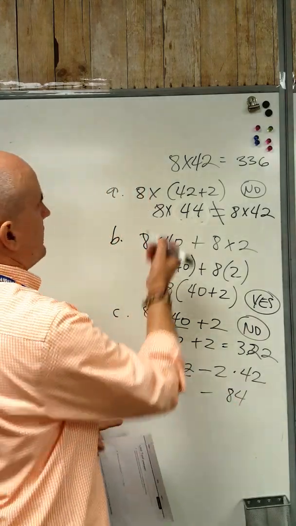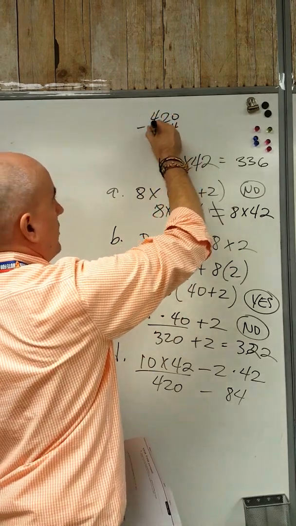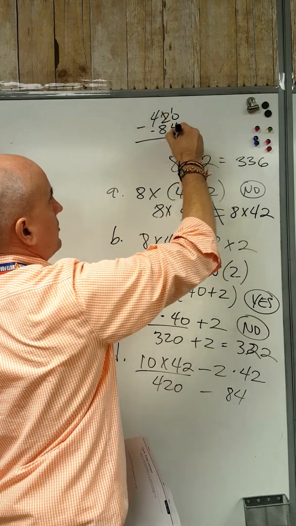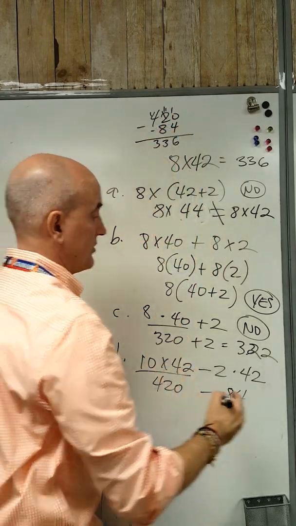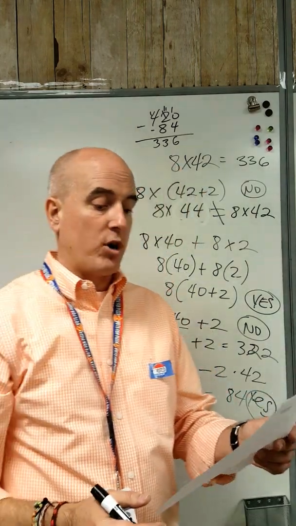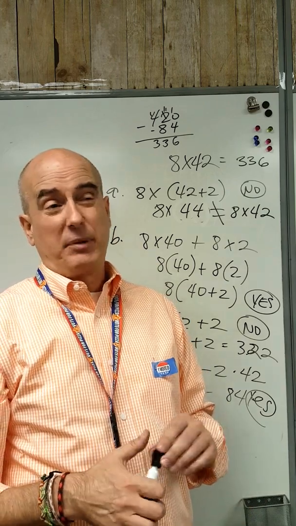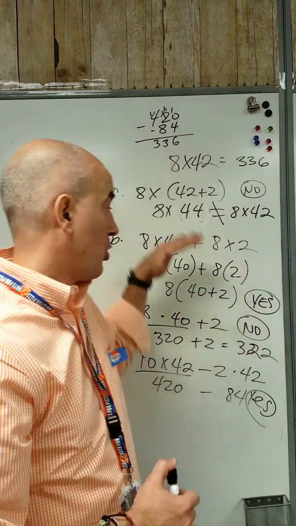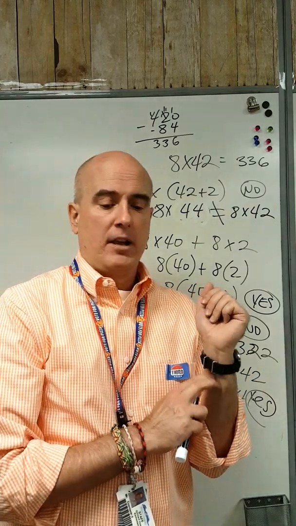And if we subtracted that, I'm going to do that up here. 420 minus 84. Borrow, 6, 3, 336. So yes, this would be equivalent to 8 times 42. So for that one, you had to not only say yes or no, but explain or justify your reasoning. And so showing the math like this would be a fine way of justifying your reasoning.